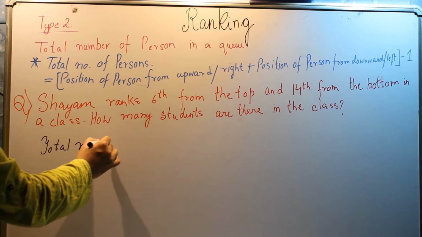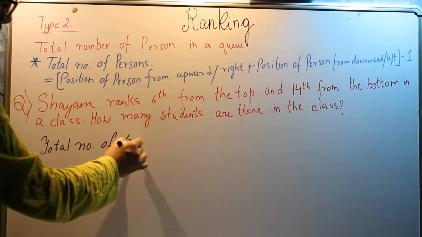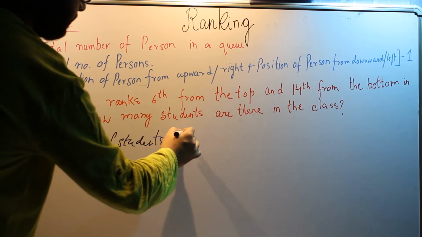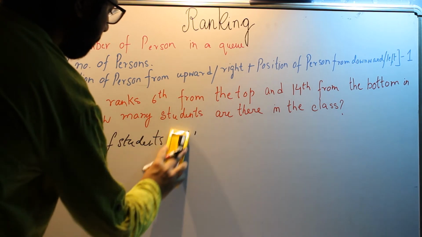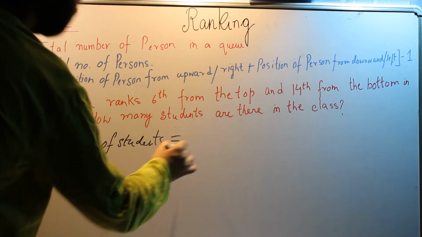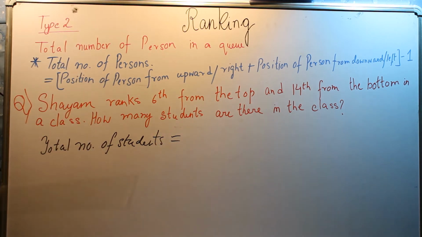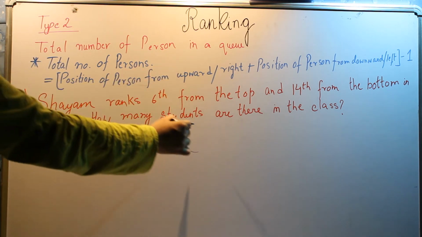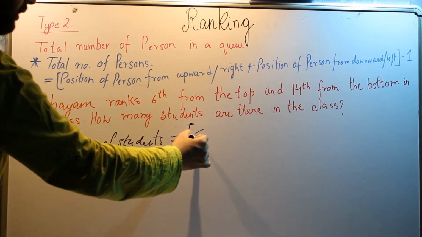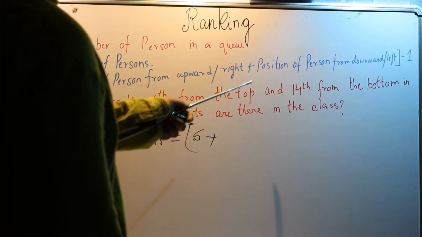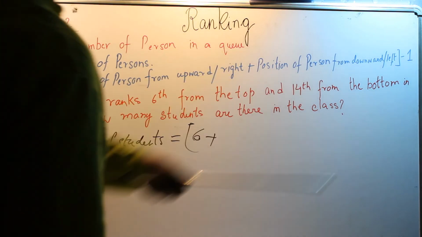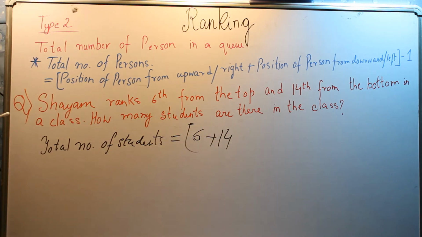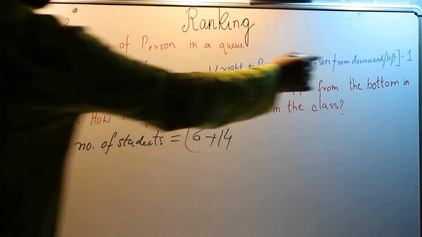Total number of students is equal to position from upward, 6th, plus position from downward, 14th from the bottom, minus 1.